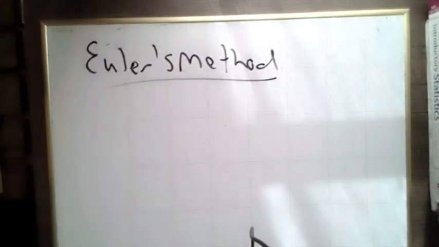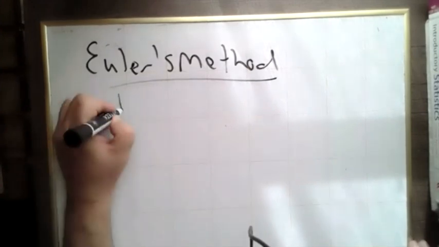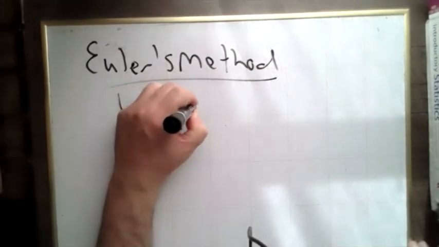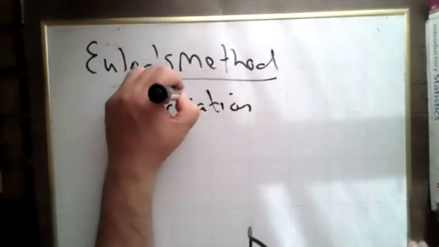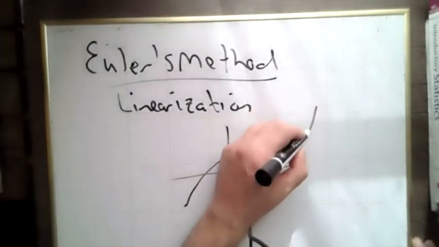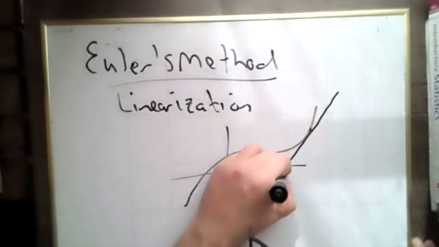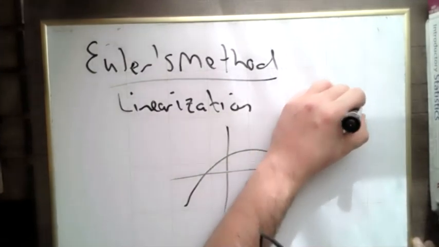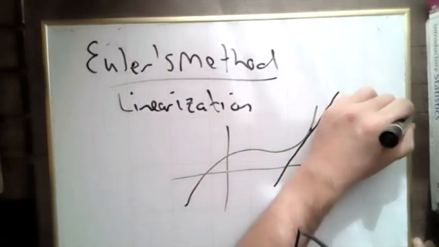Okay, remember from Calc 1, linearization. When you were finding the equation of a tangent line, you had some curve, and you want to find the equation of the tangent line right there, y equals mx plus b.